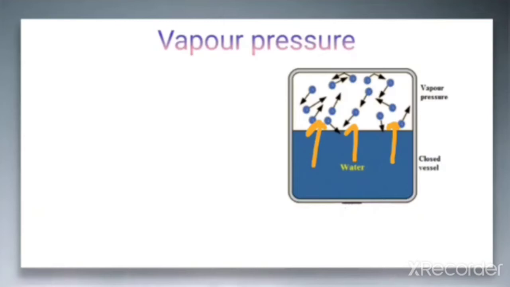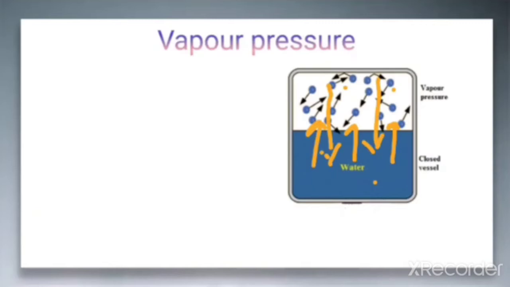That's why the liquid level keeps decreasing and the number of vapor molecules keeps increasing. But after some time it is seen that there is no change in the level of the liquid as well as no change in the number of molecules in the vapor zone, because now another process begins, that is the condensation process. In condensation, the vapors are condensed into liquid.